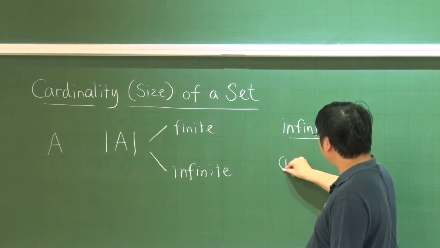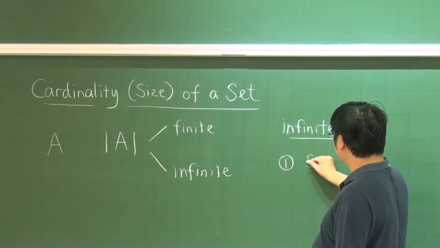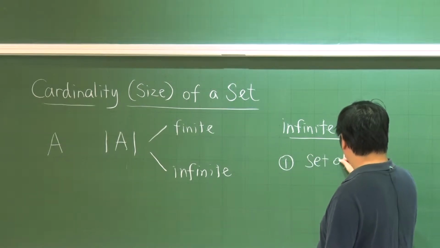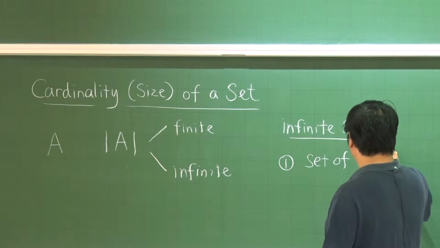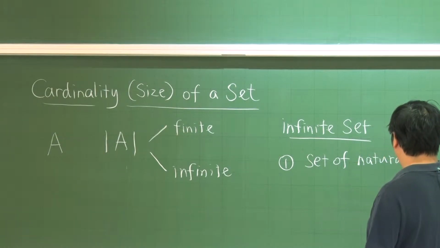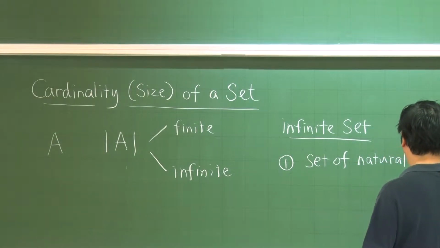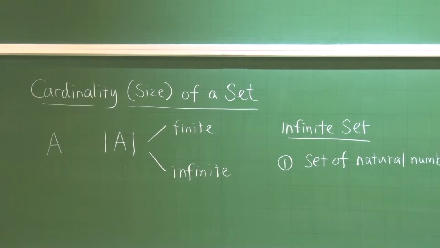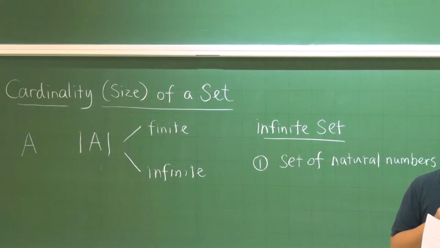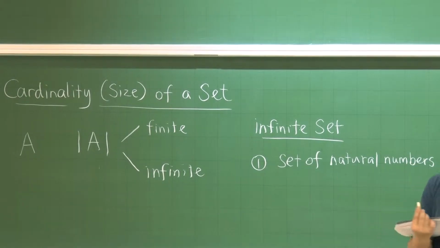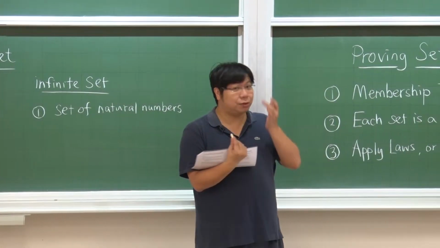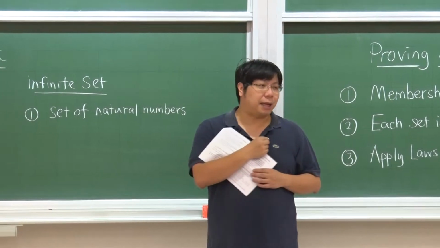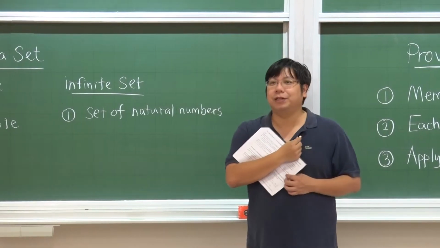For example, the set of natural numbers. Natural numbers is tricky, okay? Sometimes people count it from 0, 1, 2, 3 up to infinity. And sometimes people count it from 1, 2, 3 up to infinity.